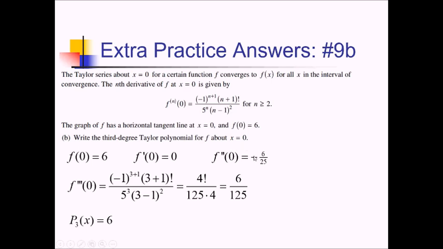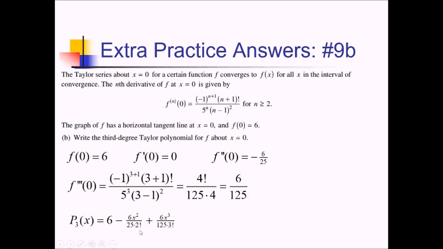So this is negative 6 x squared over 25 times 2. And then we have f triple prime of 0 times x cubed over 3 factorial, which is positive 6x cubed over 125 times 3 factorial.